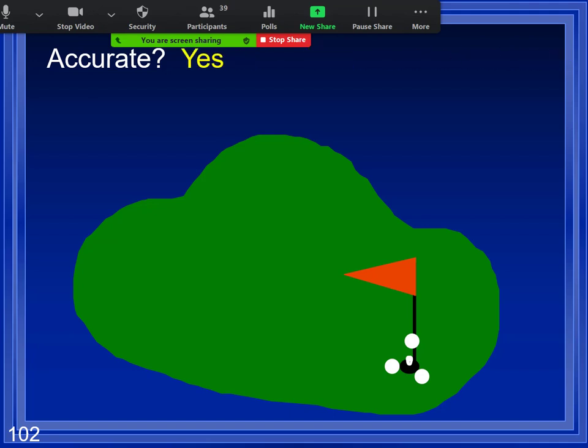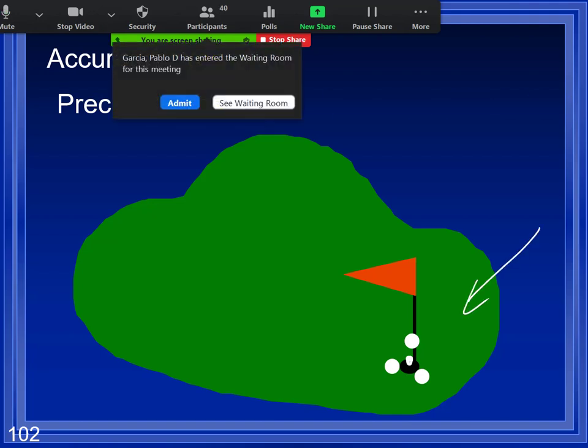So it was accurate. Was it precise? Are those shots pretty close together? Yes, they are. So this is what we want in measurements. We want them to be accurate, we want the right answer, and we want them to be repeatable. We want them accurate and precise.